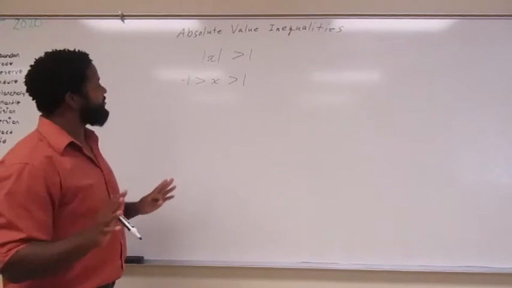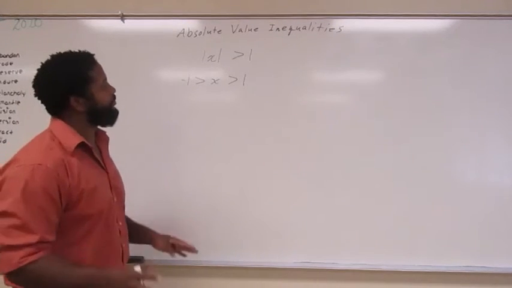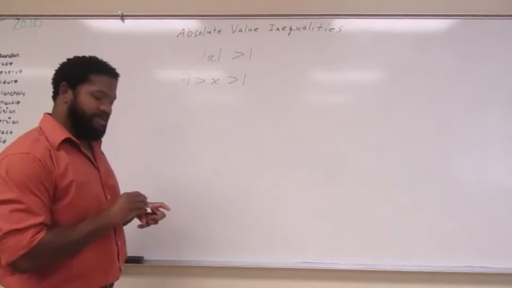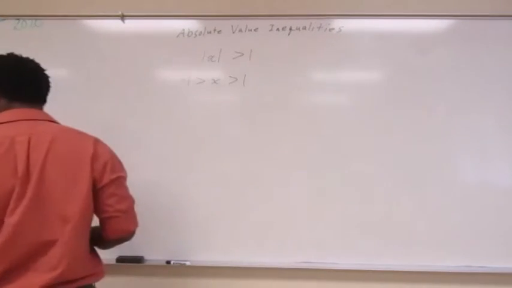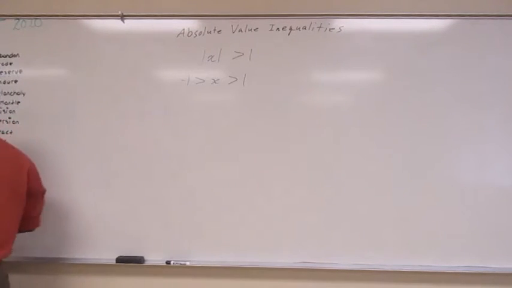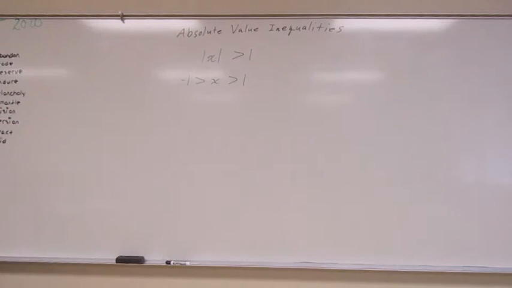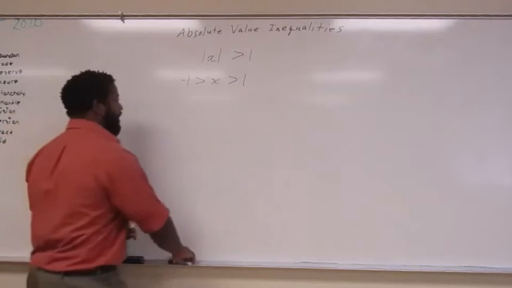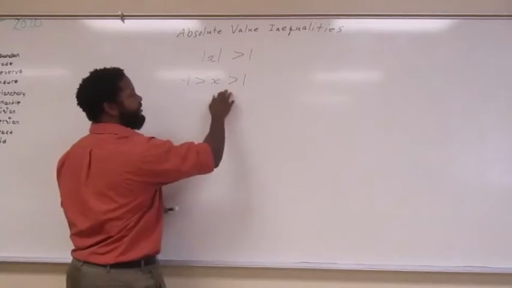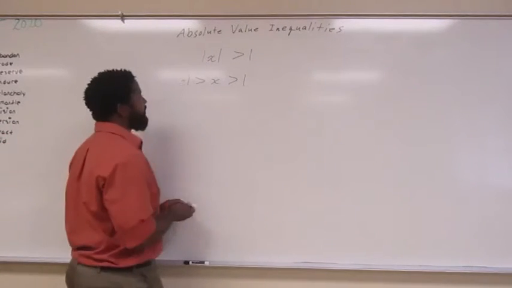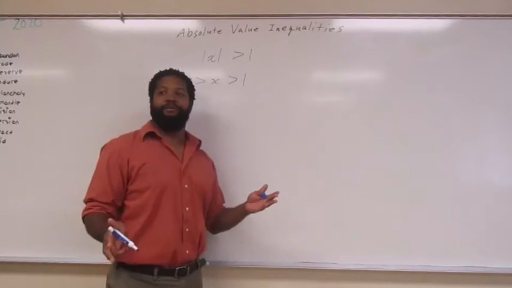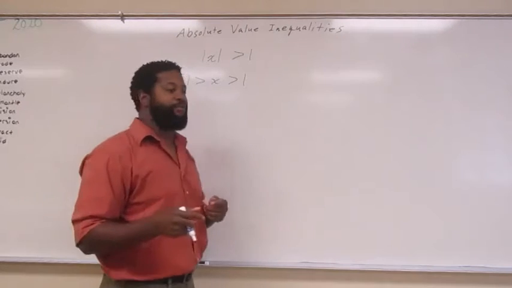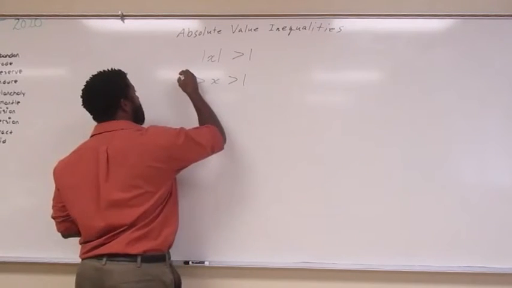Now, here is how you draw this. Please pay attention to this part. Clearly you have x is greater than negative 1, right? But this part right here, this is where the flipping comes into play, remember when I showed y'all the flipping part with inequalities before?